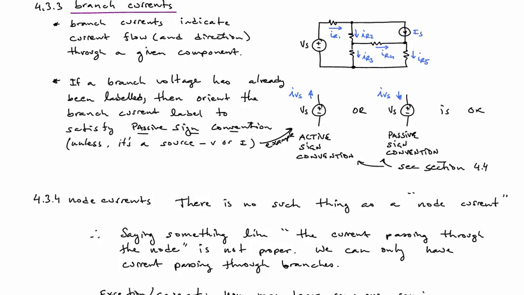Sometimes branch currents or voltages are already labeled, and what you want to do in that case is to label whatever is missing, either the current or the voltage, in such a way that you satisfy what is called passive sign convention.